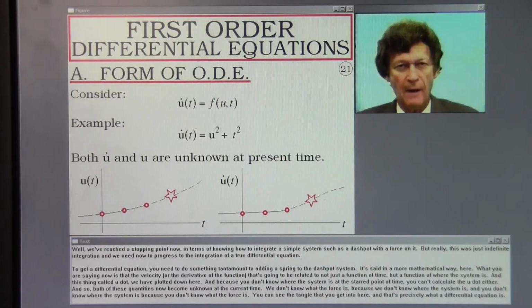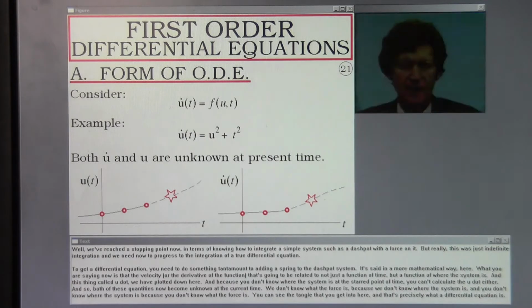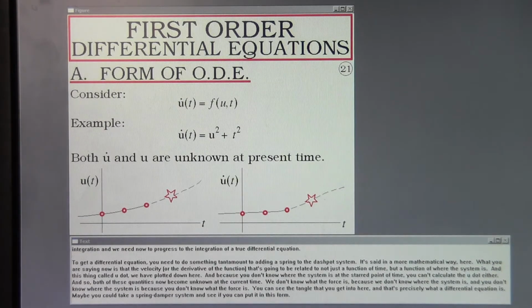Well, we've reached a stopping point now in terms of knowing how to integrate a simple system such as a dashpot with a force on it. But really this was just indefinite integration, and we need now to progress to the integration of a true differential equation.